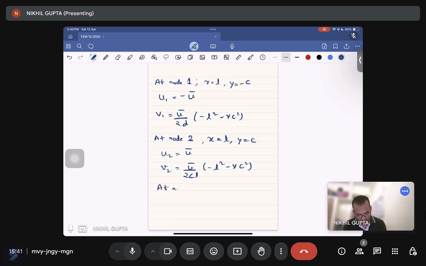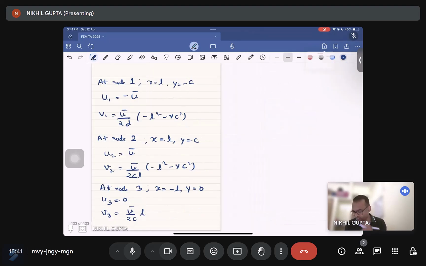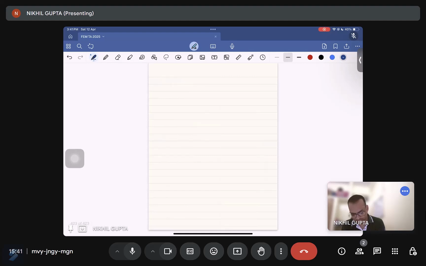Similarly at node 3, where x is minus L, y is 0, u3 will become 0 and v3 will become u bar by 2cl. So what we observe from this, we can get epsilon from this as well.